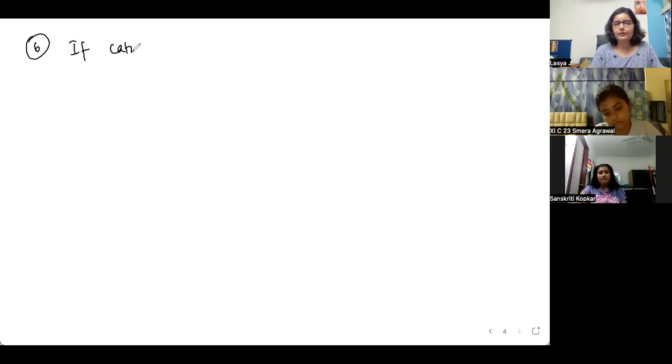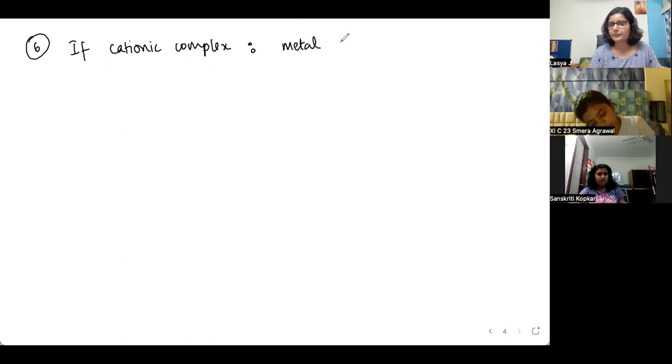Now here's a difference between cationic and anionic complexes. If it's a cationic complex, then the metal name will be the same as the element.